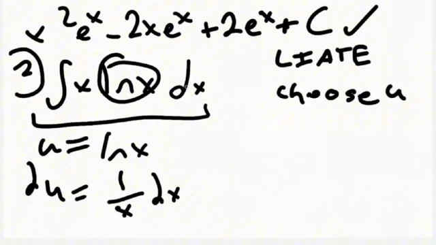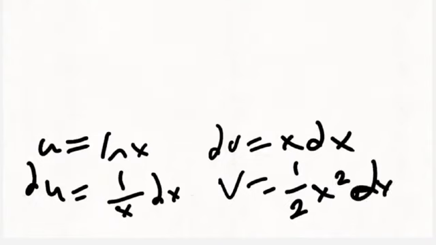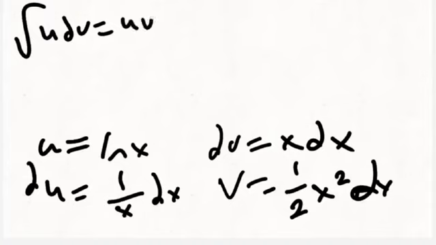And our dv is x dx. And our v is just the integral of this, which is equal to 1/2 x squared. What we want to do is again do u dv is equal to uv minus the integral of v du. And we just do plug and chug again.